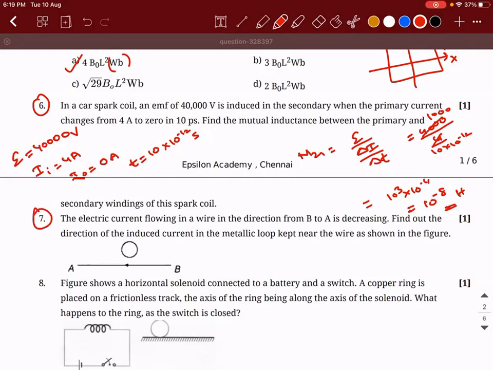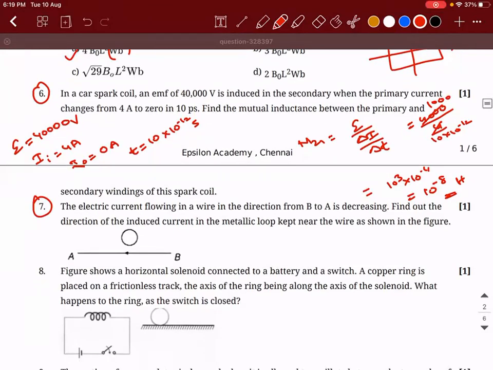Seven. An electric current flowing through a wire in the direction from B to A is decreasing. Find out the direction of induced current in the metallic loop kept near the wire as shown. So, due to this current carrying conductor, what is the direction of magnetic field inside the circle? Is it into the plane or out of the plane? Sir, can you repeat it? Due to this current carrying conductor, what is the direction of magnetic field, if I take a point P here?